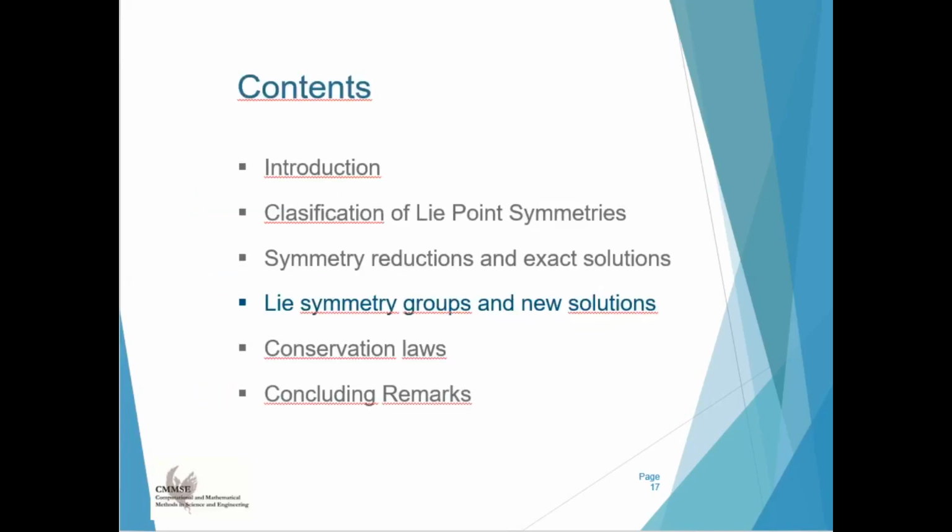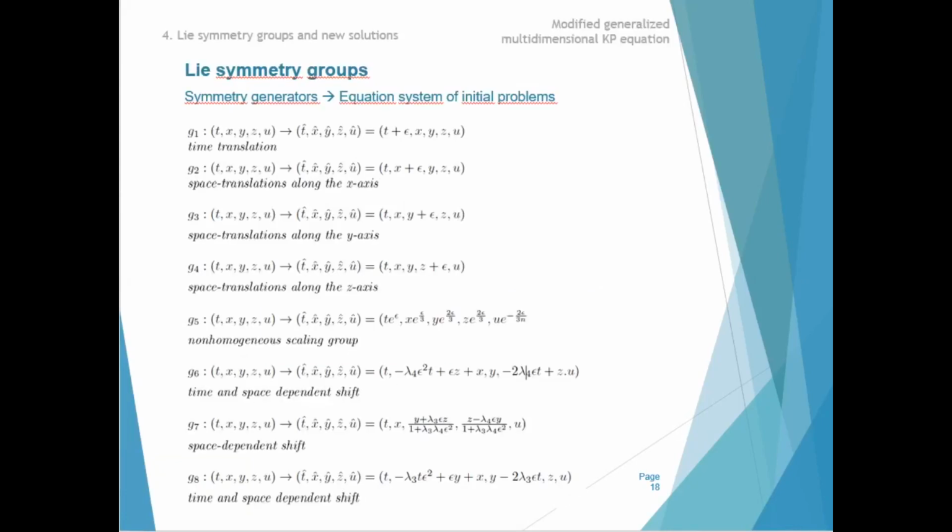And now, in the next section, we will use some of the generators to calculate the Lie symmetry groups and new solutions. Considering the infinitesimal symmetry generators and solving an equation system of initial value problems, we obtain this. The one-parameter Lie symmetry groups G1, G2, G3, and G4 are translations, time and space translations.